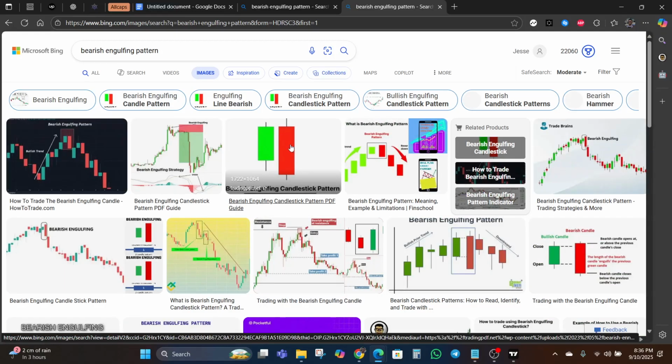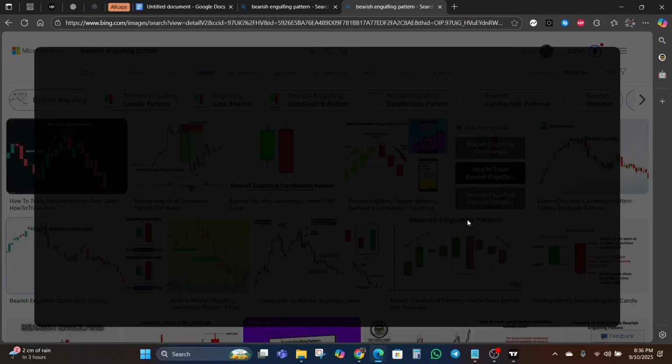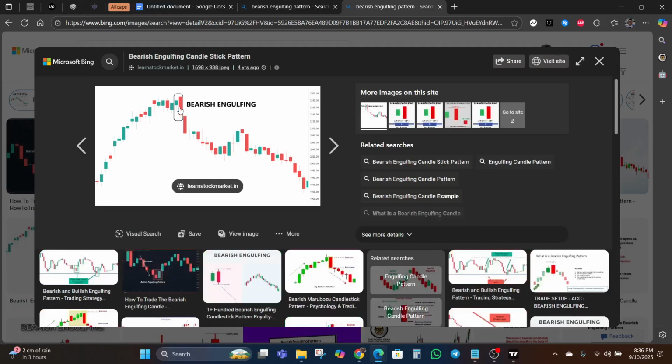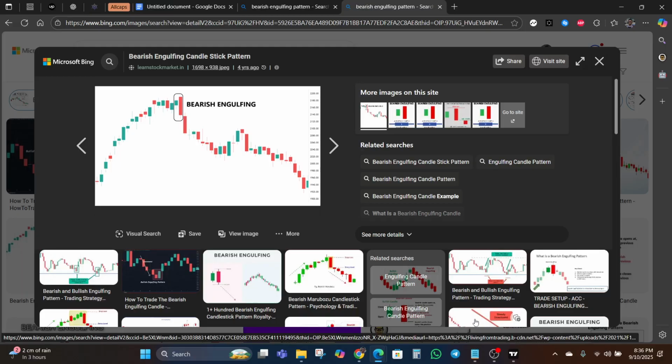You can see this is an example of a bearish engulfing. It shows strong selling pressure entering the market and often signals the beginning of a downward move.